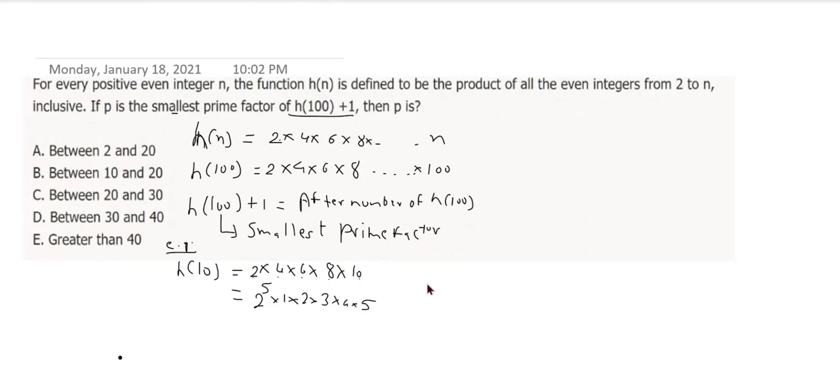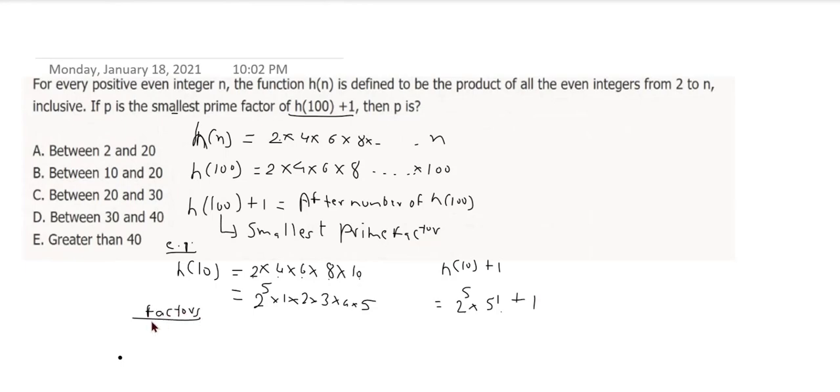What will h(10) plus 1, the next number, look like? It will look the same, but with just plus 1 added. Now let's talk about prime factors.